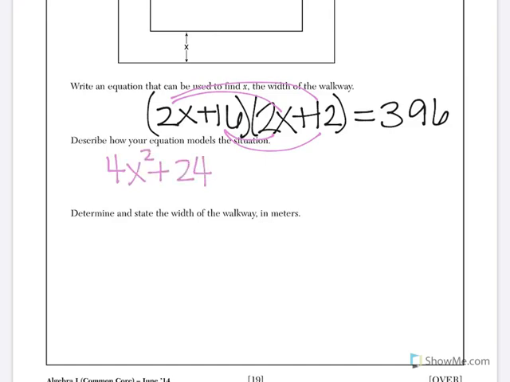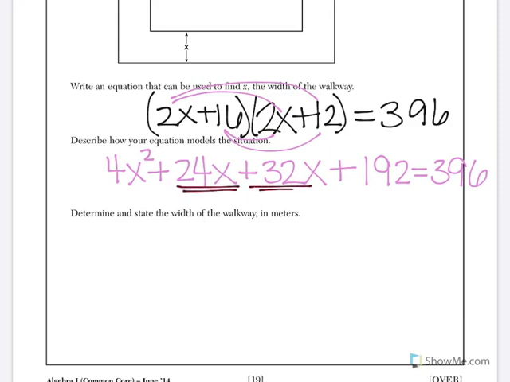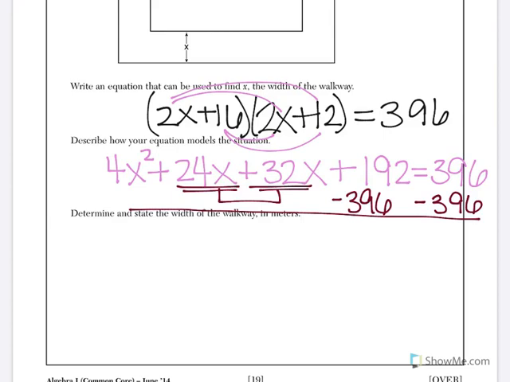plus 24x plus 32x plus 192 equals 396. In the next step, I'm going to combine like terms, and I'm also going to subtract 396 because I know I'm dealing with a quadratic and I always want to set it equal to 0 first before I factor or use the quadratic formula.